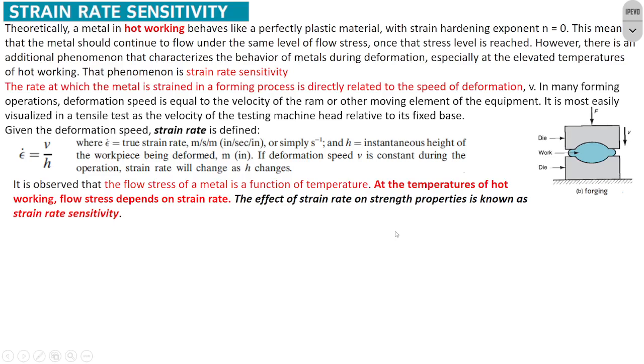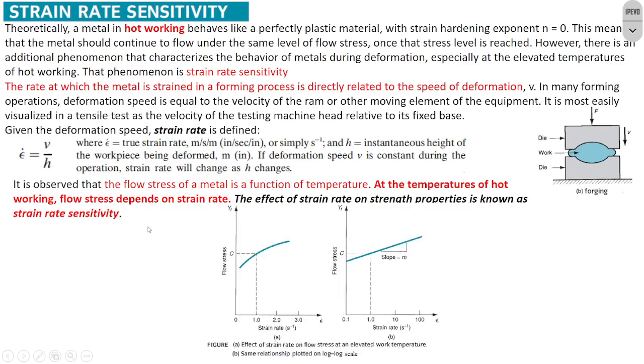It is observed that the flow stress of a material is a function of temperature. At the temperatures of hot working, flow stress depends on the strain rate. The effect of strain rate on strength properties is known as strain rate sensitivity. You see in this figure, if we increase the strain rate, then flow stress increases.